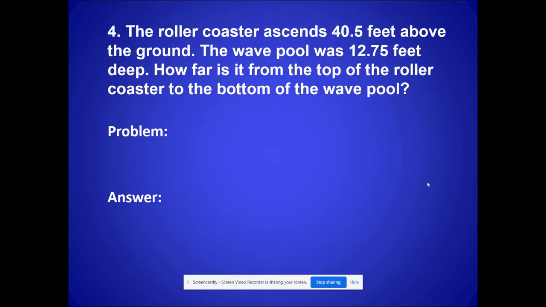Number 4, the roller coaster ascends 40.5 feet above the ground. The wave pool was 12.75 feet deep. How far is it from the top of the roller coaster to the bottom of the wave pool? I would like for you to write the problem in absolute value notation and then write your answer. Go ahead and pause the video, and then once you have your answer, come back to the video to check.